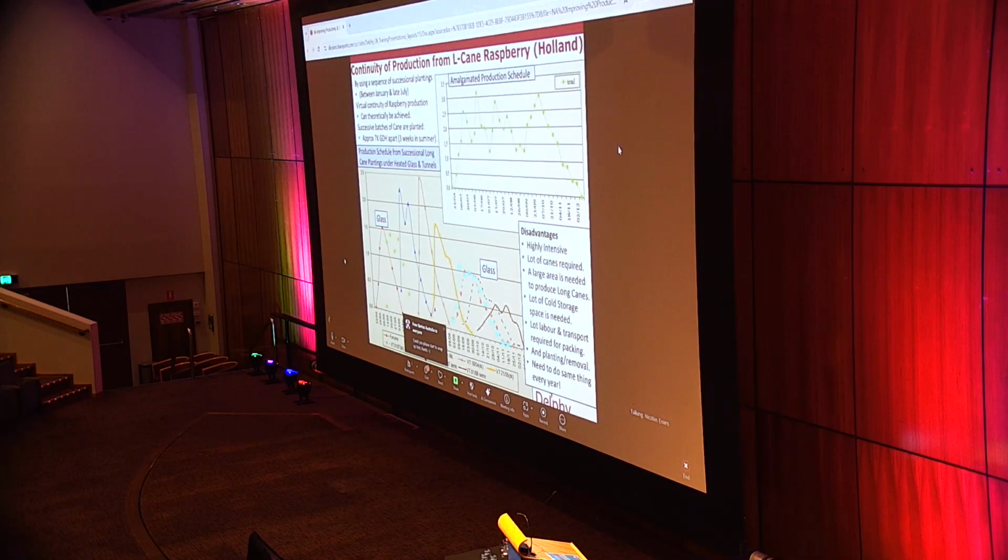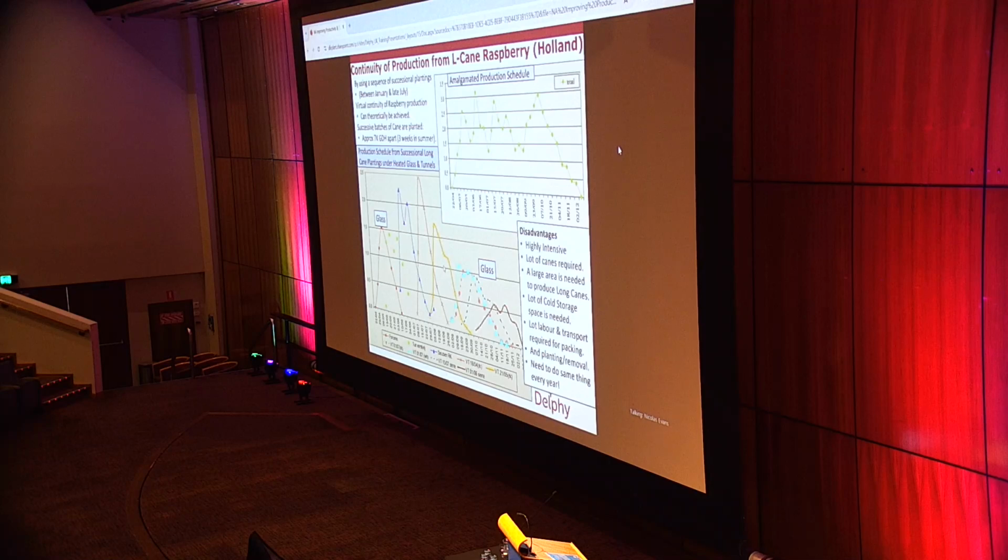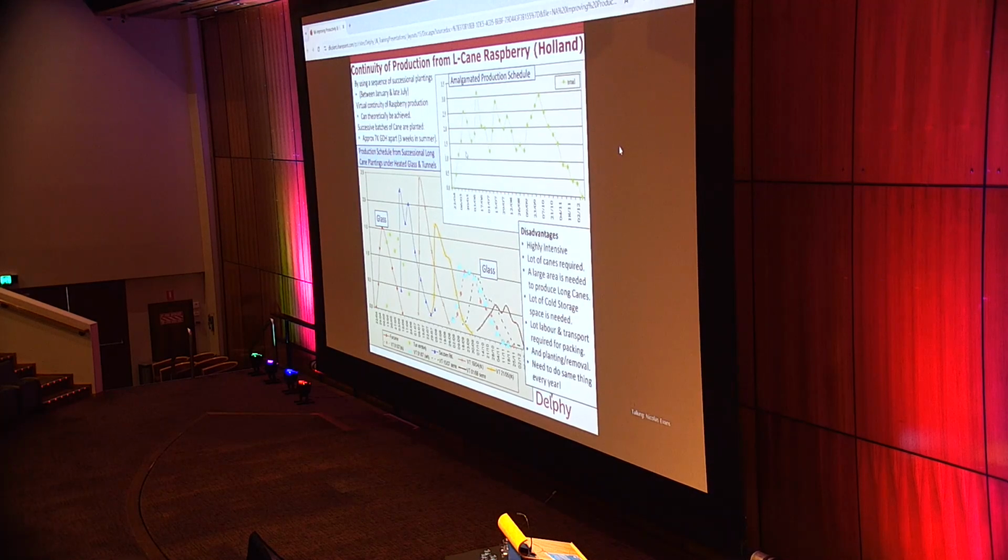So this is a production schedule for plantings under initially heated glass, and then in tunnels. And the glass at the beginning and the end of the season, and then filled in by plantings through the middle. And the amalgamated production schedule shows a pretty good distribution of harvests across the year.